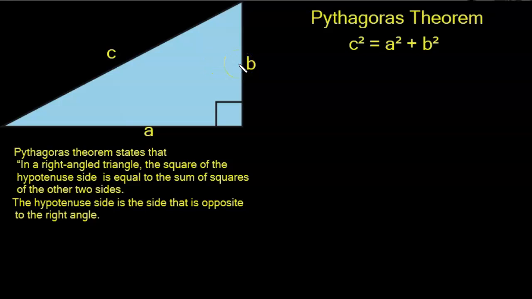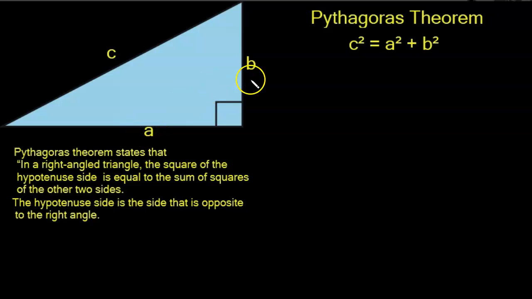Now, addition is commutative, so you could write it as C square equal to B square plus A square. It doesn't matter if you put the A square first or the B square first. A square plus B square is the same as B square plus A square. Good? When you're adding two values, the order does not matter. Alright, and by the way, we label these two sides. You can use whatever letter you want to label your sides.